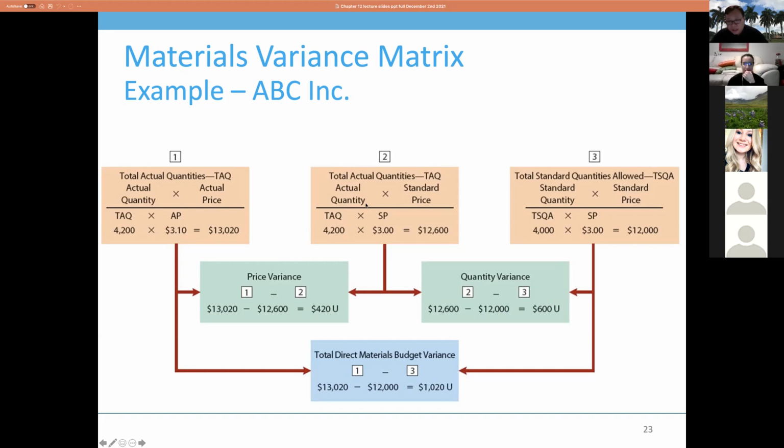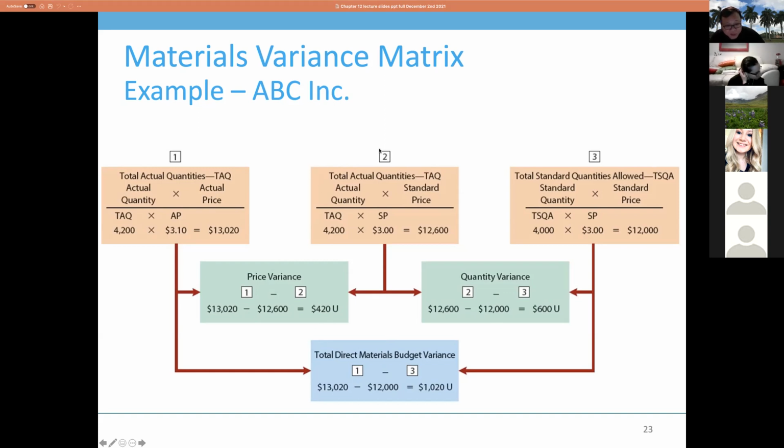Whenever the result is negative, that's favorable, okay? If the result is positive, it's unfavorable. If you use 1 minus 2, if it's negative, that means it's favorable. If you use 2 minus 3, if that result is negative, then it's favorable, okay? And vice versa.